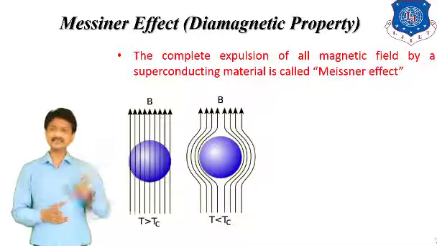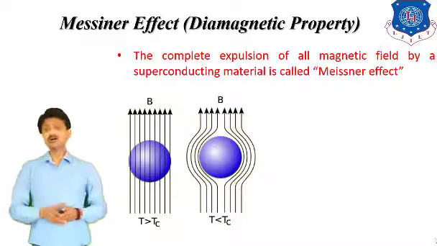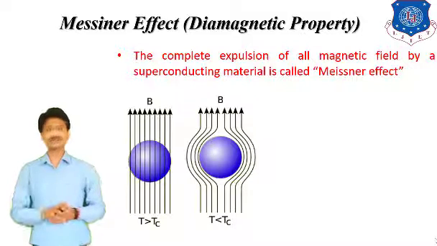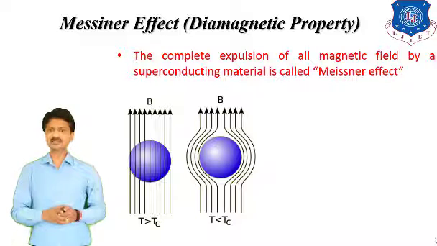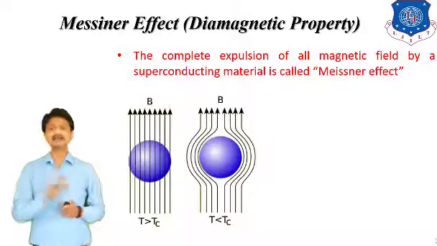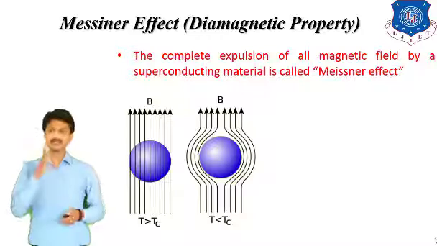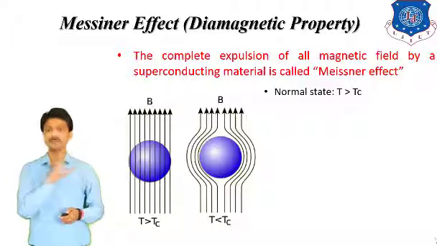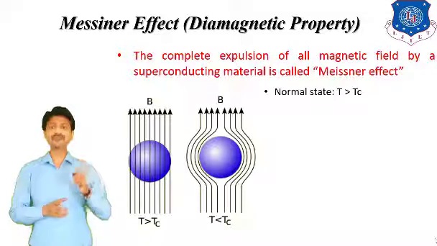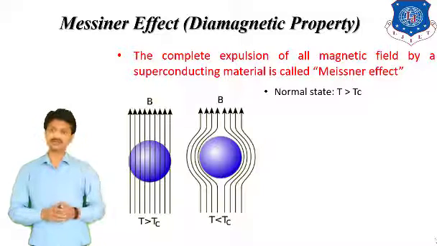Now, you can see in the figure there are two cases. When the temperature is greater than the critical temperature, or when the magnetic field is greater than the critical magnetic field, the material remains in the normal state. Here, in the normal state, you can see in the figure that the magnetic field penetrates through the material.